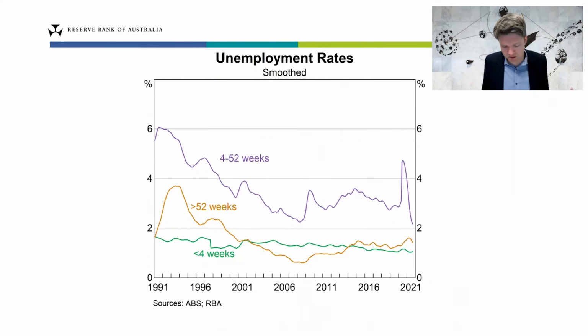That could be because they don't have the right kind of skills that employers are looking for, or they might have a disability or some other characteristic that makes it hard for them to find a job. So what we tend to look at in terms of thinking about structural unemployment are people who have been unemployed for a very long period of time. In terms of this graph, it's people who have been unemployed for more than a year.